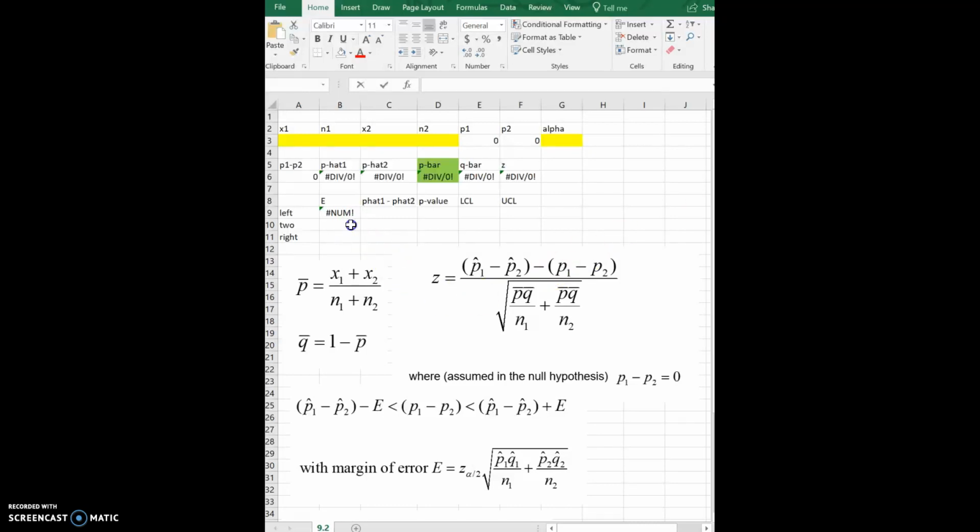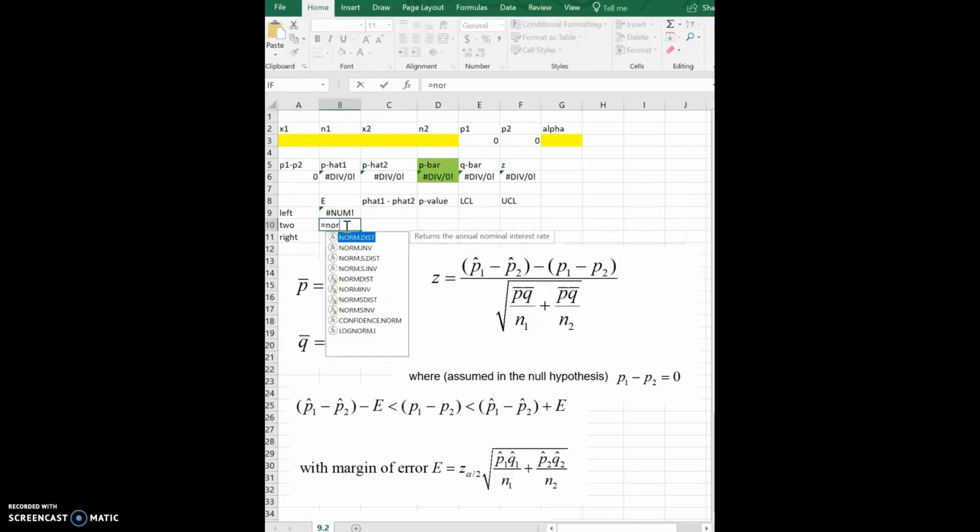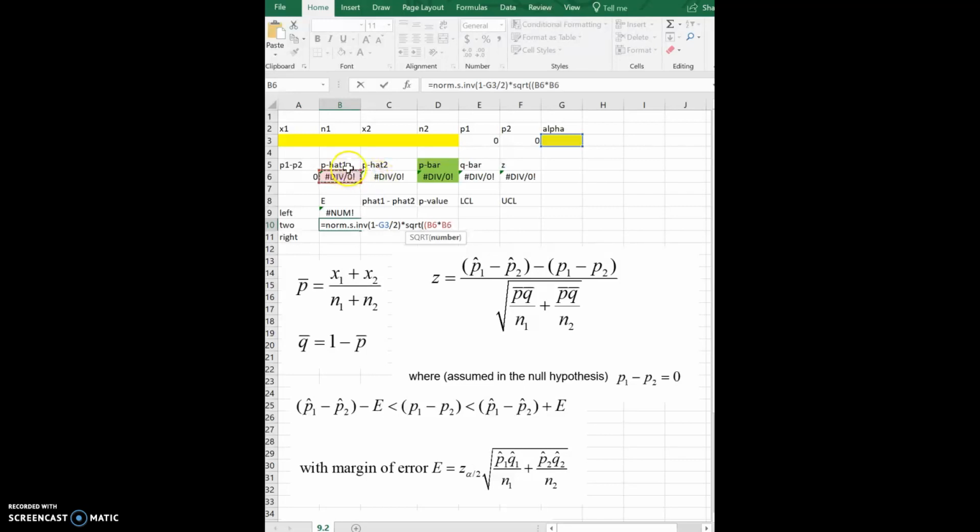Alright, so basically I just went the long way when I did this the last time. Okay, just making sure. So norm dot s dot inverse 1 minus alpha divided by 2 times the square root, open parenthesis, p hat, oh, that's why I did that.